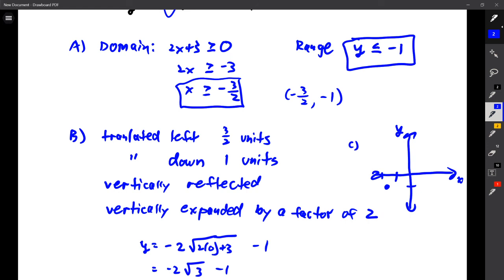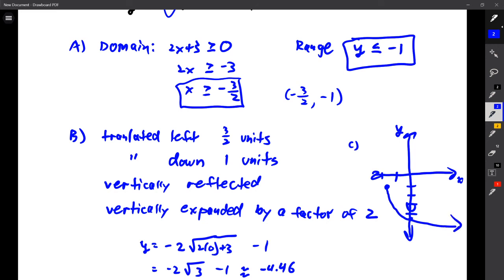And then I need to do -1. So this is approximately -4.46. So 1, 2, 3, 4, about 4.5 is where it crosses. So this needs to go more like that.